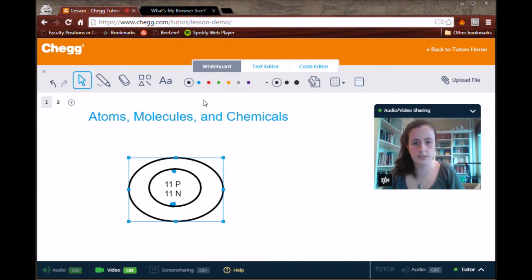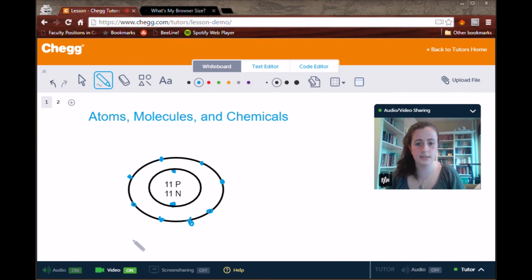So there's our second shell. And we are going to draw on it 8 more electrons. 1, 2, 3, 4, 5, 6, 7, and 8. And like I said, they don't stay in shells like this. It's not nearly this organized, but this just helps us to see it better.